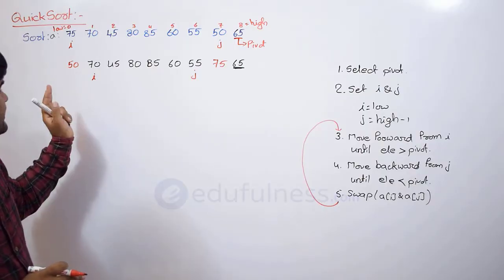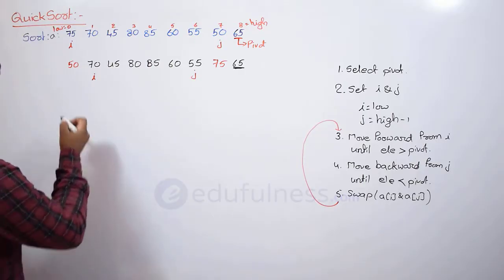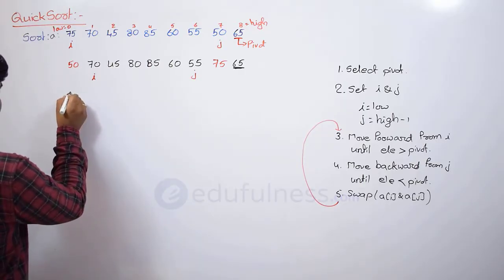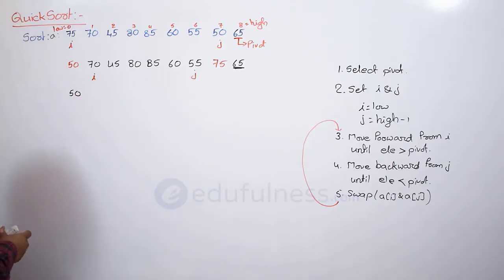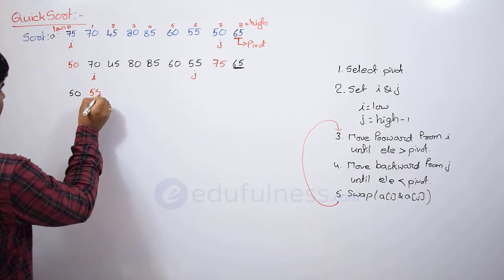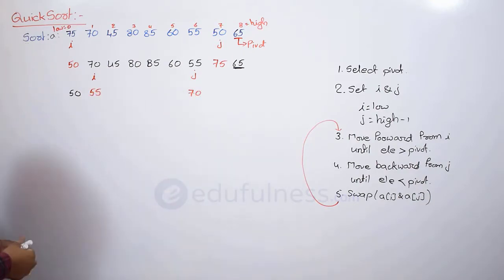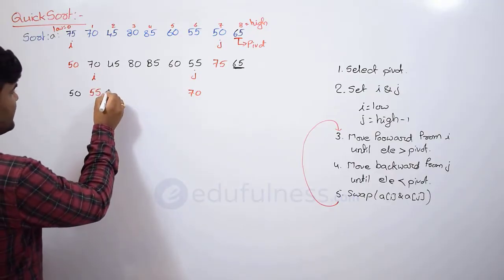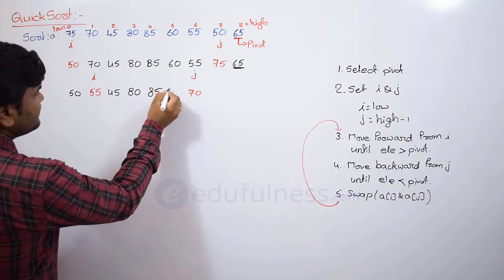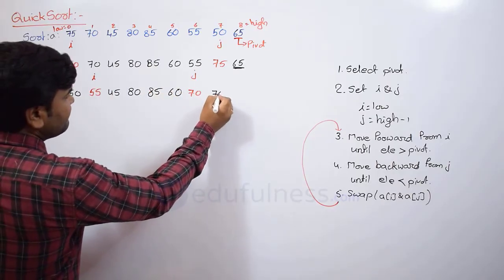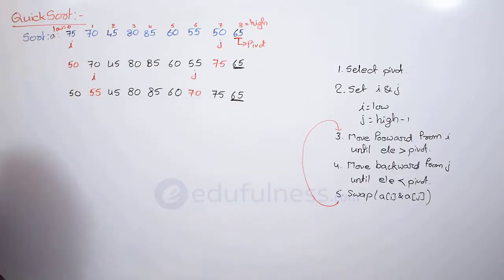First of all, let us traverse like this. What is going to happen here? I am going to note down as it is here 50, but here you have to swap these two elements. So this is going to become 55 and this is going to become 70, and of course the remaining elements as it is: 45, 80, 85, 60, 75, 65, and of course this is the pivot.